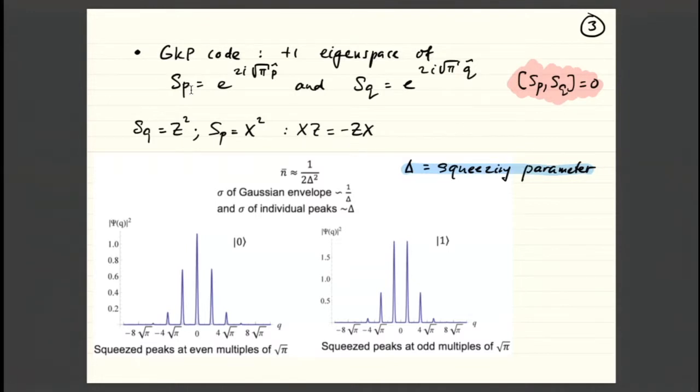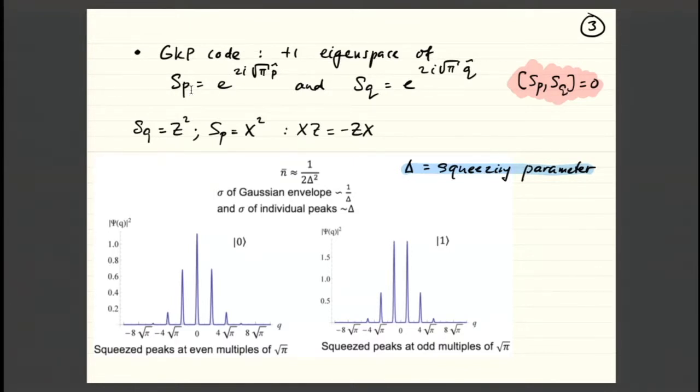The reason is that the +1 eigenstates of these two operators are actually not physical, in the sense that they have a number of photons that goes to infinity. So if we deal with this code in a realistic system, we have to look at approximations where there's some Gaussian envelope, and in this Gaussian envelope, these delta functions have some finite width.